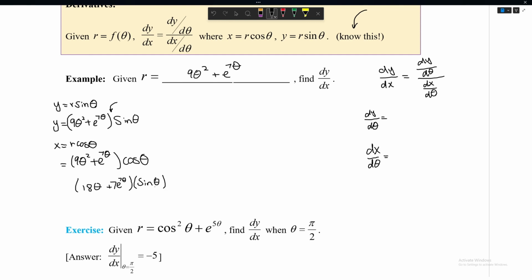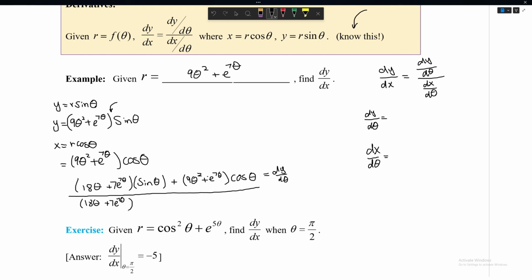This is a little bit late, so my brain is crunching. Plus, the first stays the same, times the derivative of your sine, which is cos theta. Now all this is our dy over d theta, and now all this over our x. So our x is basically the same, so I'm just going to rewrite it.